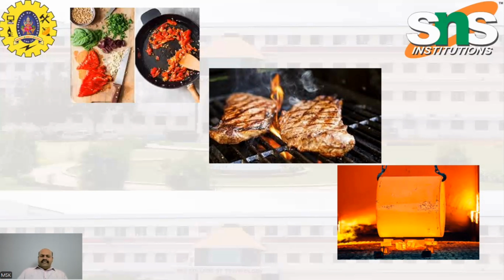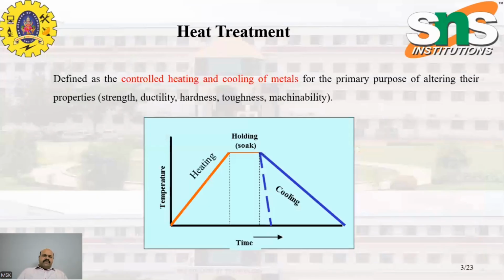A certain question arises in mind: a manufacturing process has already been done with the raw materials, like casting, rolling, blanking, forging. We have so many things, welding. And what is the purpose of treating again with temperature is the question we get, right? So we will explore what is heat treatment in the next slide.